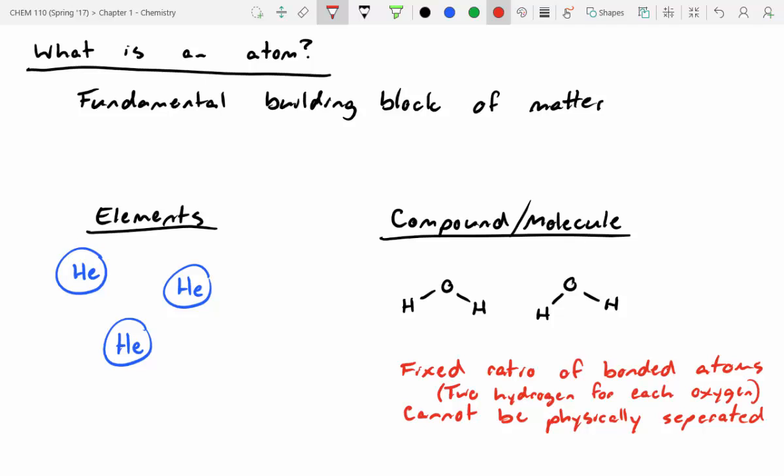Oftentimes we describe water as H2O. With helium, we don't say He and then a number, right? Because it's assumed to be an infinite amount, or a relatively infinite amount, in the container it occupies, right? So there's no fixed ratio of helium atoms. It's whatever amount of helium can fit in there.